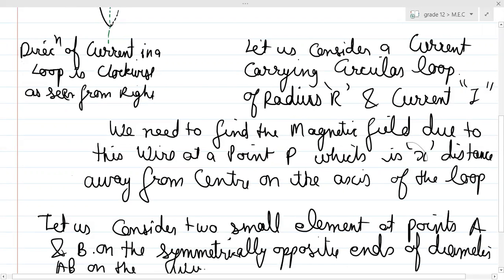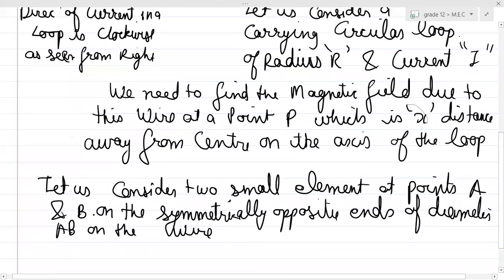So basically, I'm choosing these 2 points. Just write it here, then I'll tell you which points I'm talking about. Okay.